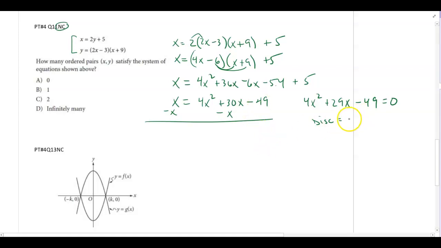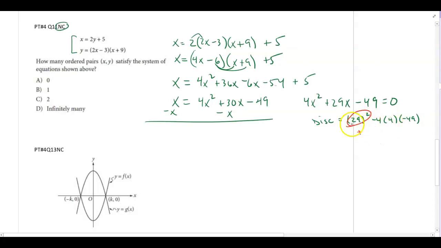So I'm just going to evaluate the discriminant here. 29 squared minus 4 times negative 49. Now I know that's a lot of algebra when we look at the discriminant, right? Use number sense here. You know 29 squared is going to be a positive number. Then I'll just say something similar to 30 squared, which is 900, right?